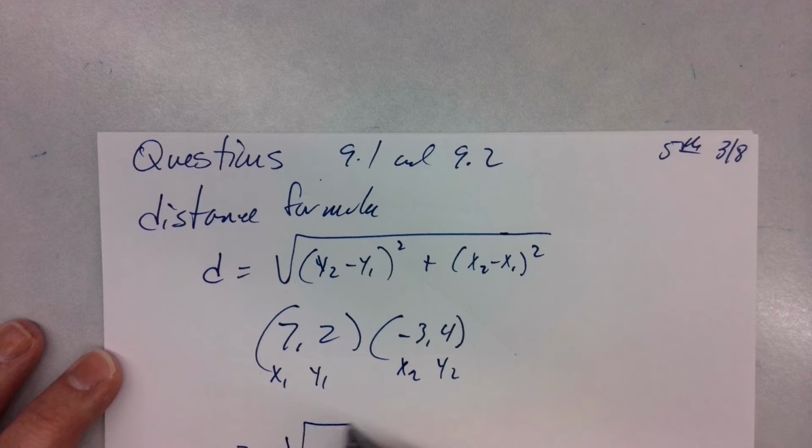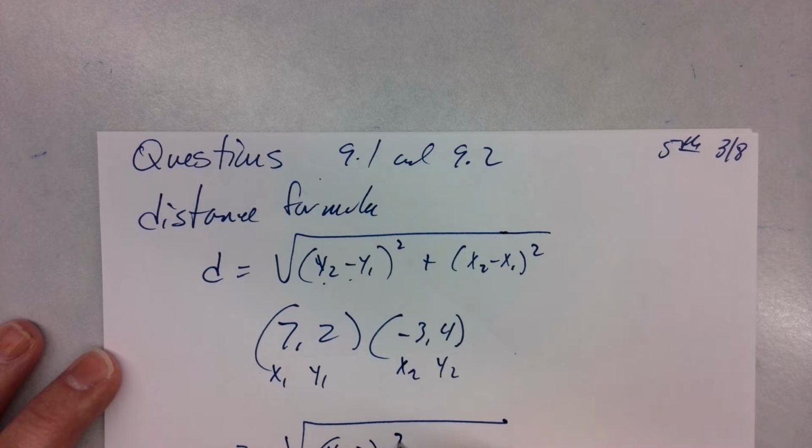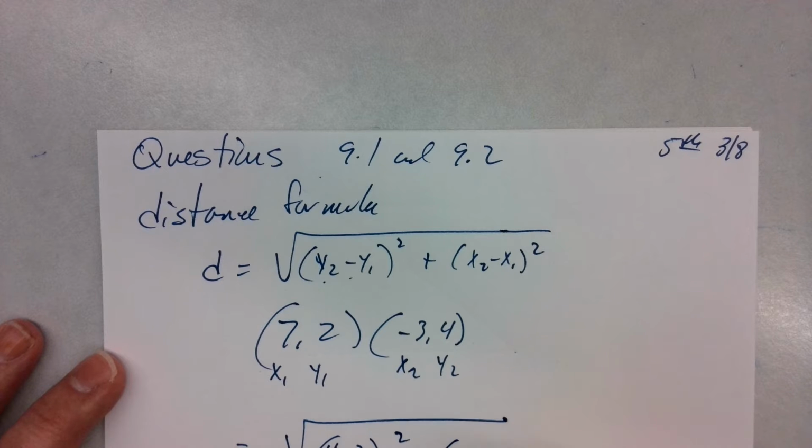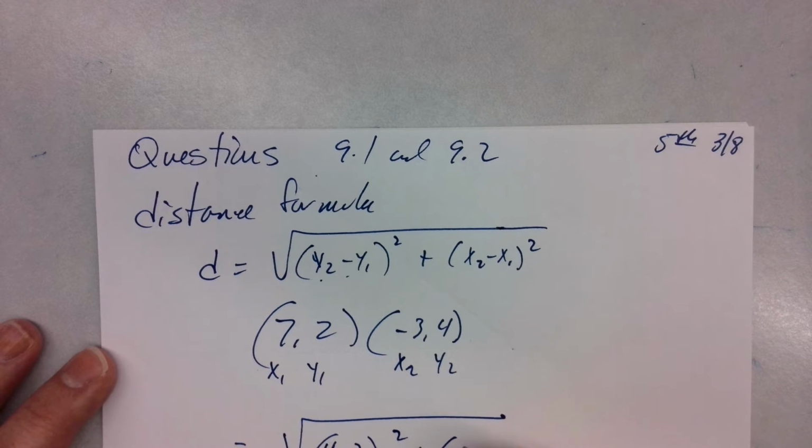So I'm going to get the square root of y2 minus y1, that's 4 minus 2 squared, plus x2 minus x1, which is -3 minus 7 squared.